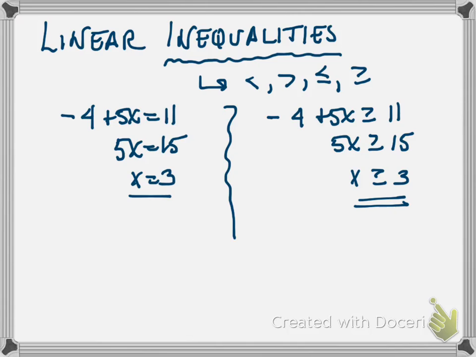So no difference in how I get from my given problem to the answer as far as using my properties of equality. There is, however, one really important difference between solving an equation and solving an inequality.